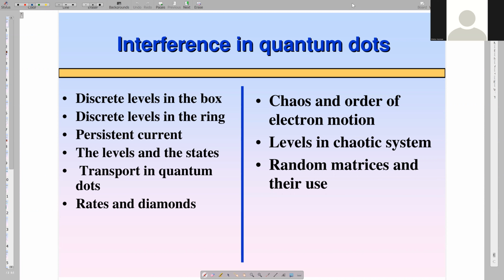Today we will continue to some extent the topic which we took last time. That was about quantum corrections. What is quantum correction? In fact, it is a consequence of interference.